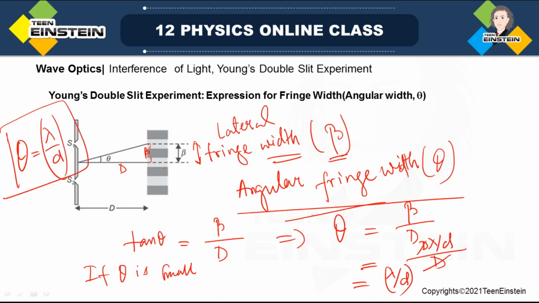What we have learned today is Young's double slit experiment, and we have found the expression for beta and for theta also, that is capital D lambda by small d. If this is done in water, then the whole expression will be divided by mu. That's all. So these are the things we have learned.